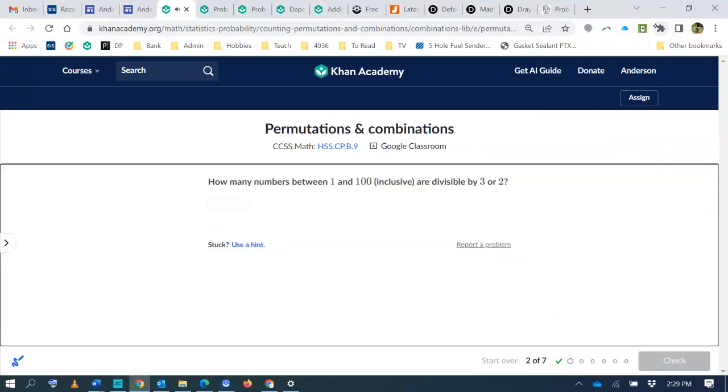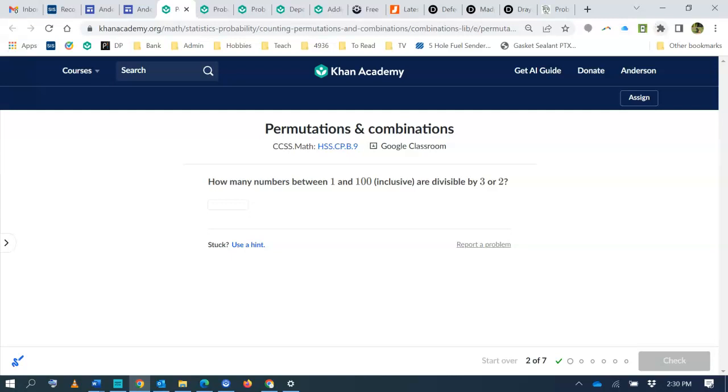How many numbers between 1 and 100 are divisible by 3 or 2? Okay, so this one can be a little challenging to think of. Inclusive means that you're including the number 100.